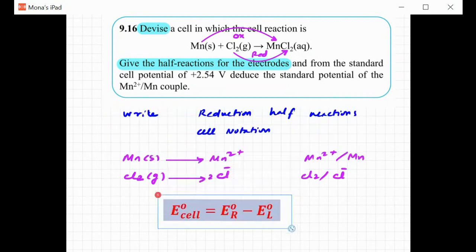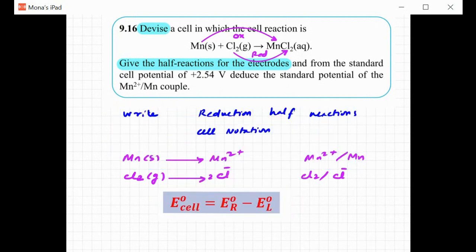The question says you have the standard potential plus 2.54, and you have to apply this equation: E right minus E left. Which one is on the left, which one on the right? This is oxidation, so it will be left, and this is reduction, so it will be right.